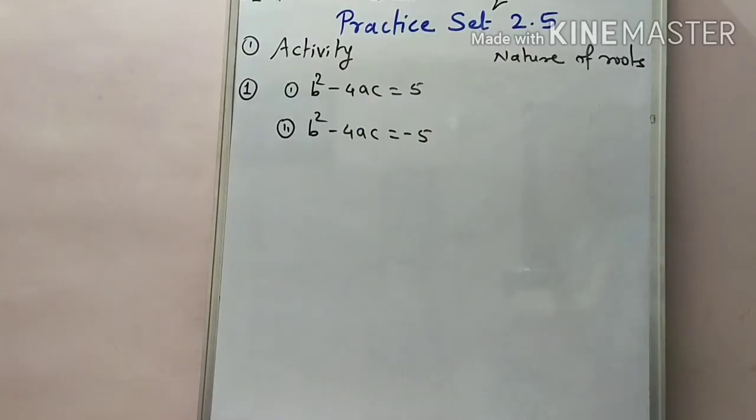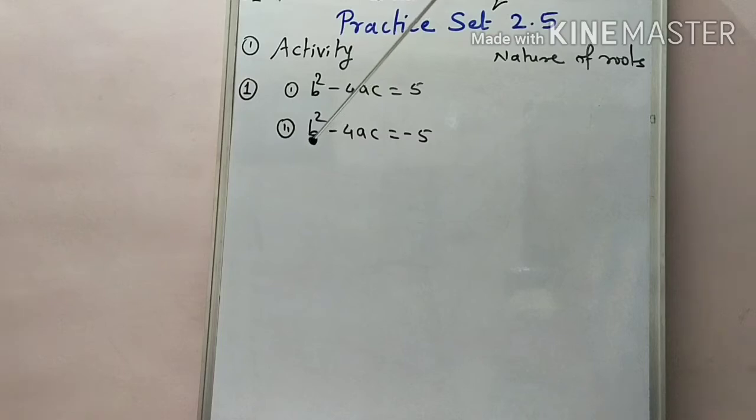So the first question is, complete the activity, fill in the gaps and complete. Okay, so in the first example we are given the general form of the quadratic equation as ax square plus bx plus c equal to 0, and for that equation we are given the value of the discriminant. If b square minus 4ac is equal to 5, then we have to write the nature of the roots.